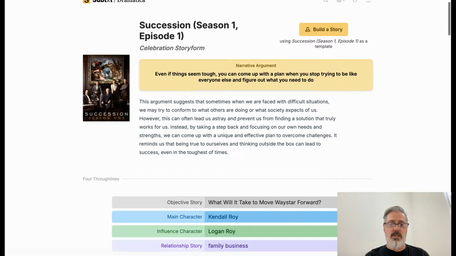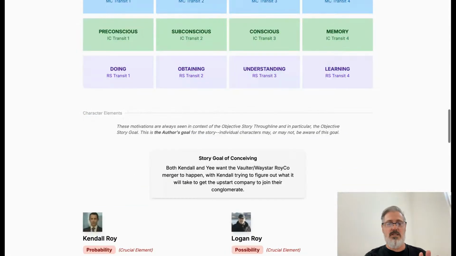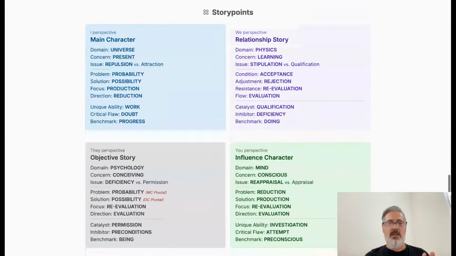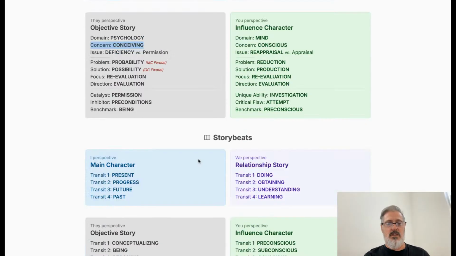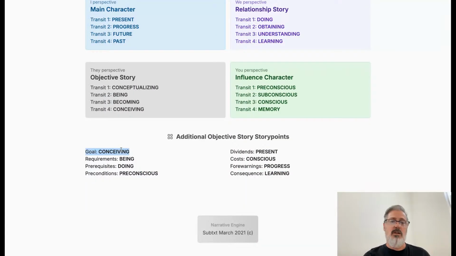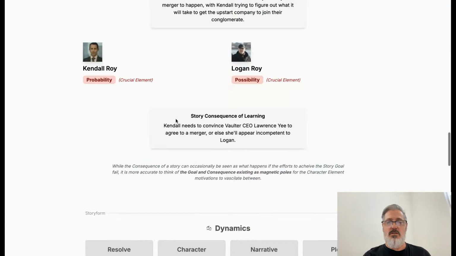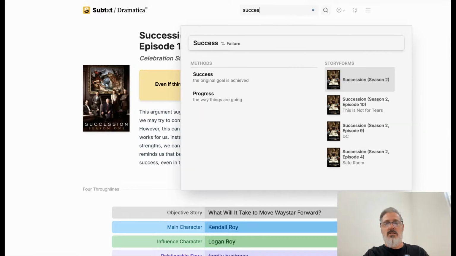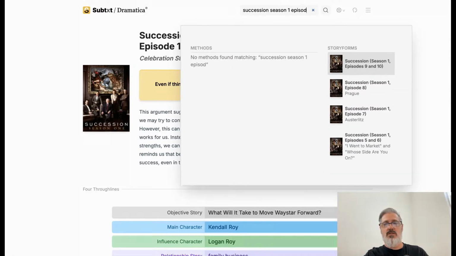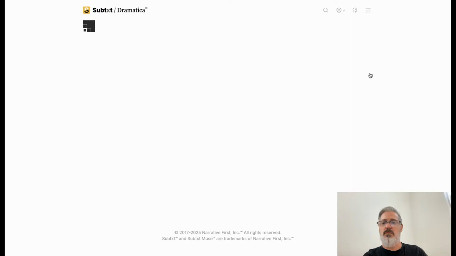So it's really clever because it connects the individual episode story forms with the larger overarching story. So you'll see here conceiving. So that is the actual goal of that first episode. If I went to episode 2, it's probably the same thing, right? Succession, season 1, episode 2. Oh, this one's Shit Show at the Fuck Factory.